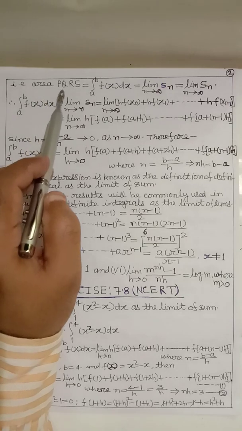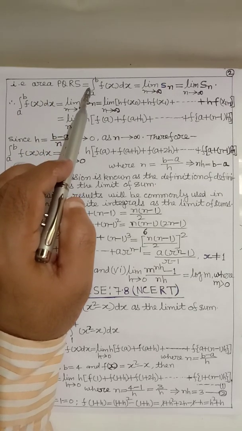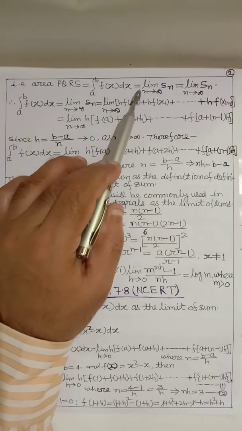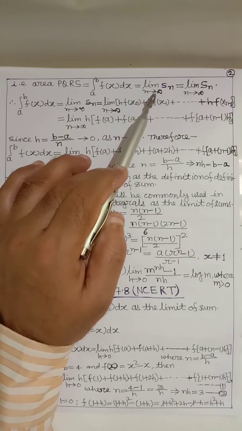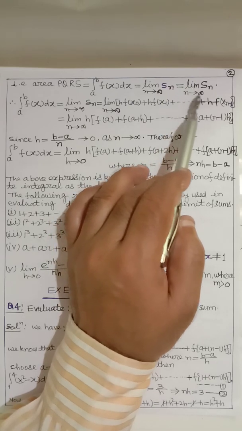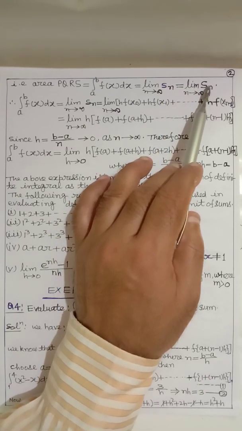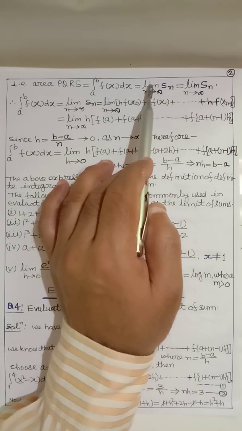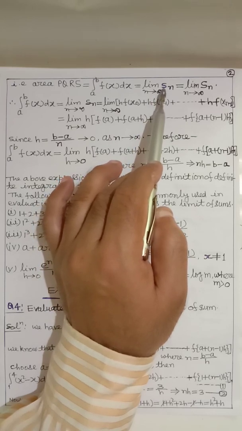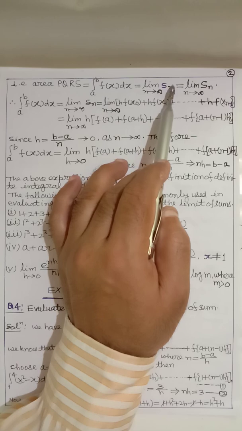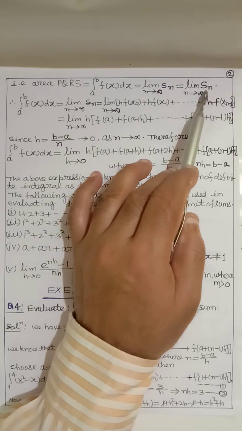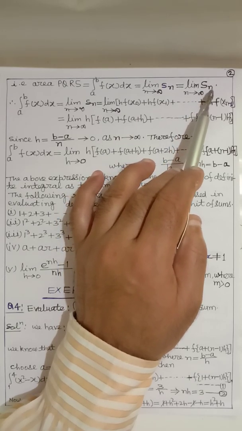That is, area of PQRS equals integration of a to b f of x dx, and this is equal to limit n tends to infinity sn, equal to limit n tends to infinity Sn, means limit n tends to infinity the sum of areas of n lower rectangles equals limit n tends to infinity the sum of areas of n upper rectangles.